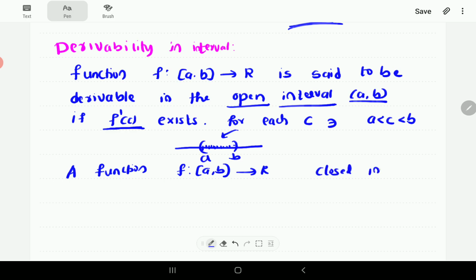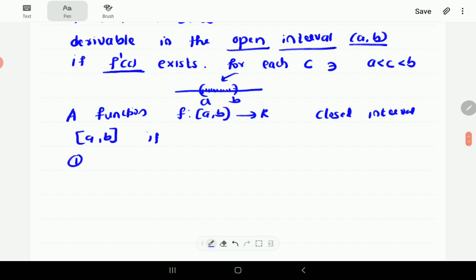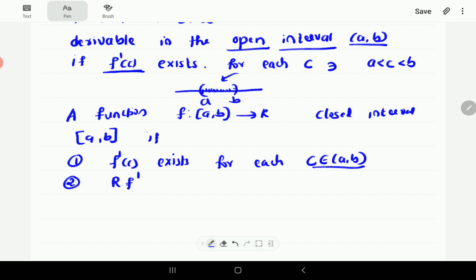when, first, f dash of c exists for each point c belonging to the open interval (a, b). Second, the right hand derivative at the point a should exist, because it is a closed interval.